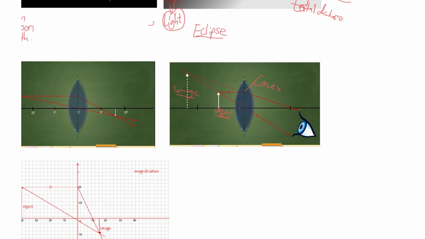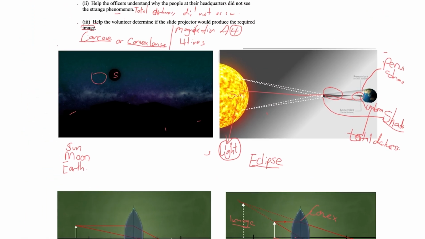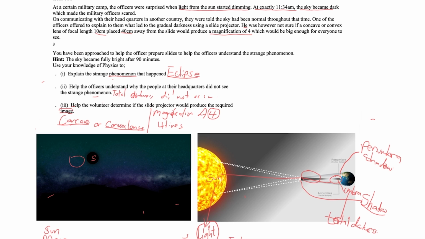Therefore, the best lens suitable for use in this scenario would be a convex lens, since a concave lens makes an object appear smaller.